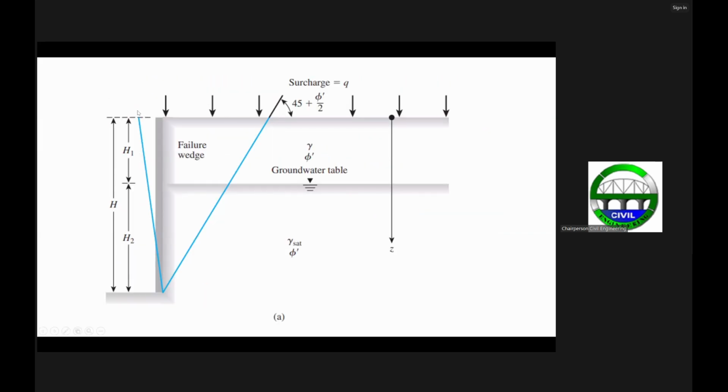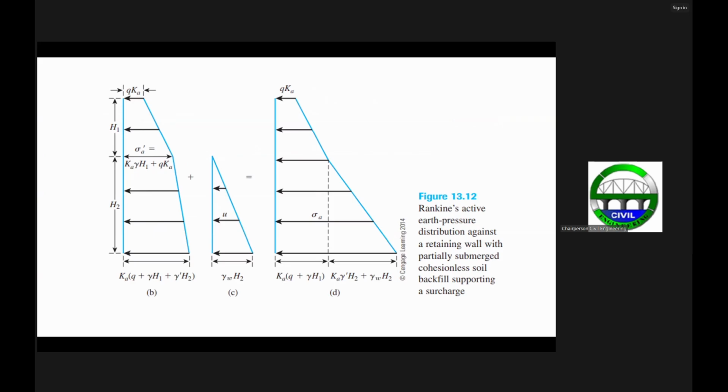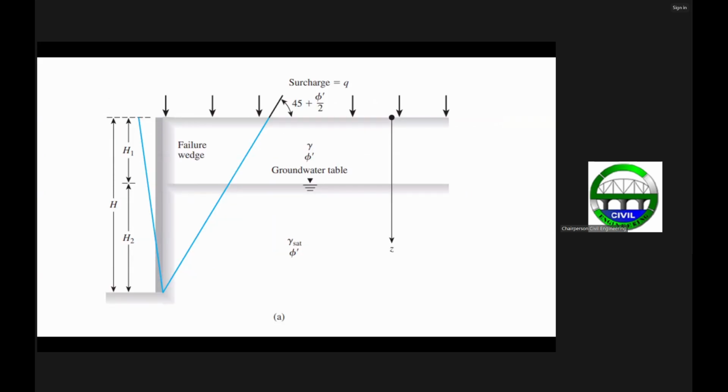In this case, first, let's consider the active case wherein the wall moves away from its original position, so the slip plane is 45 plus phi prime over 2.